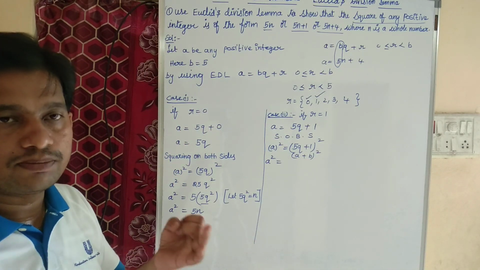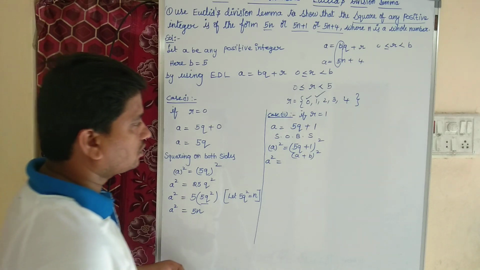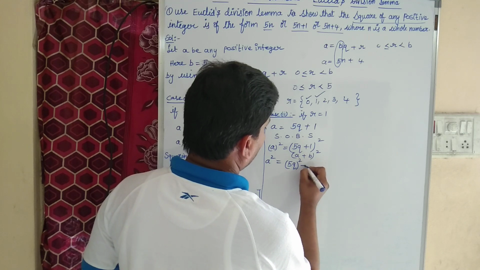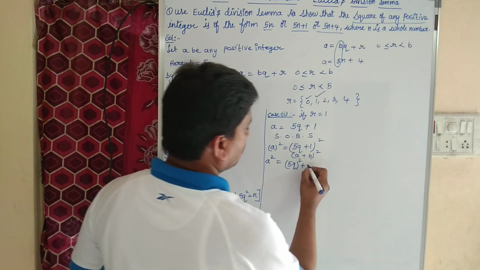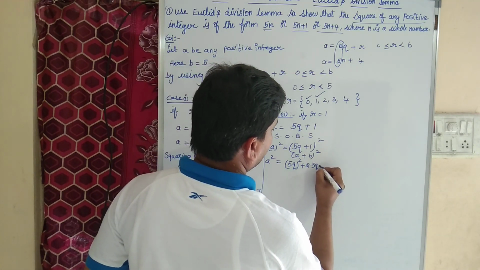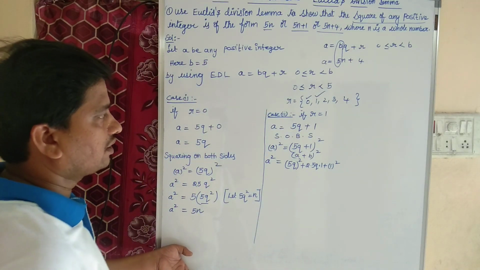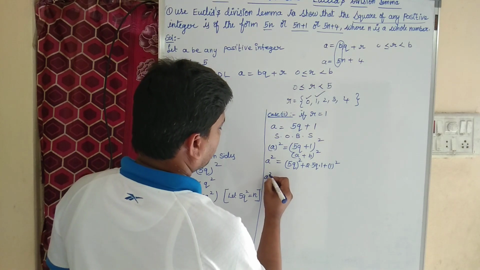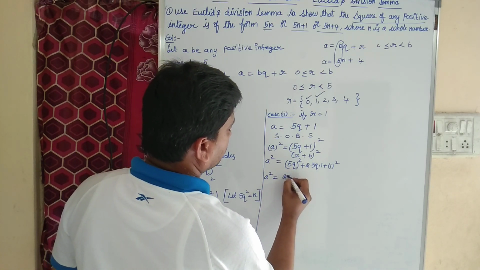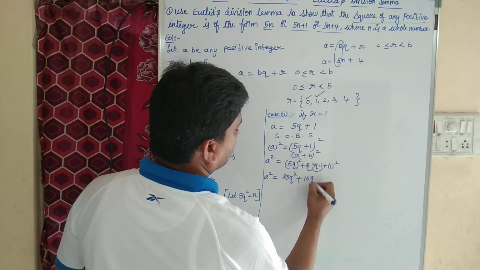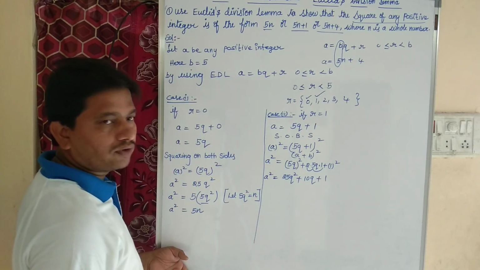A square plus b square plus 2ab. So a square equal to 5q whole square plus 2 into a into b plus b square. Now a square equal to 5q whole square means 25q square. 2 5 is 10, 10q, plus 1 square means 1.